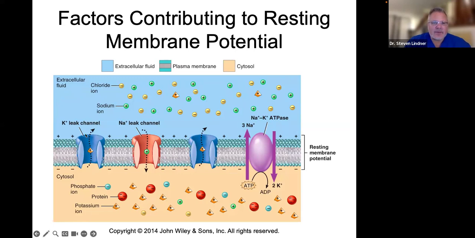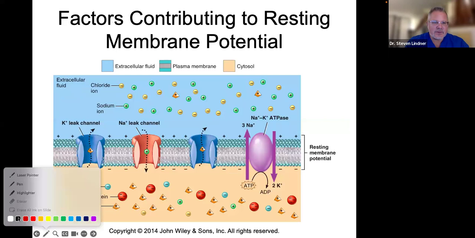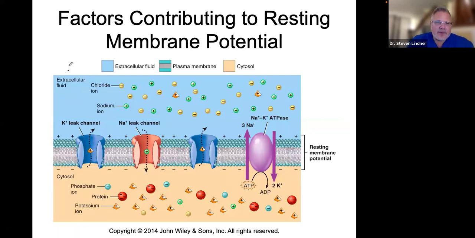Now here we can see on the left-hand side, let me change this. So again, we see extracellular fluid. Here's the cytosol, intracellular. You can see that there's more of a positive charge outside of the cell, more of a negative charge inside the cell. Outside of the cell, you've got some sodium, you've got chloride.